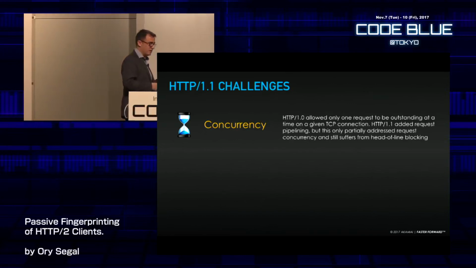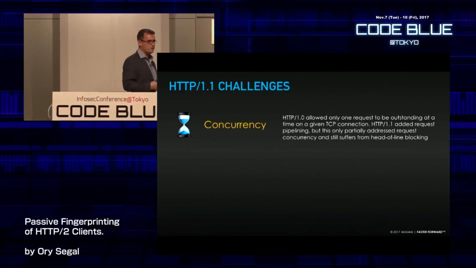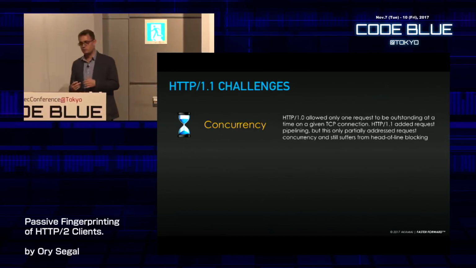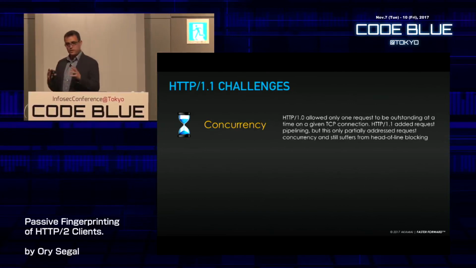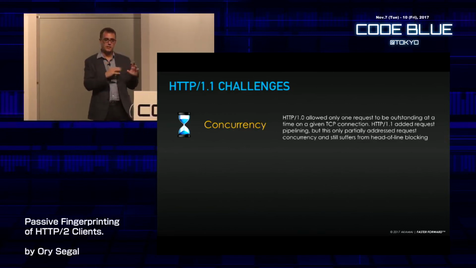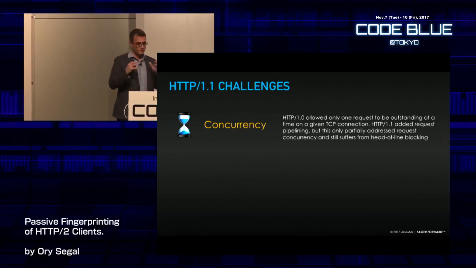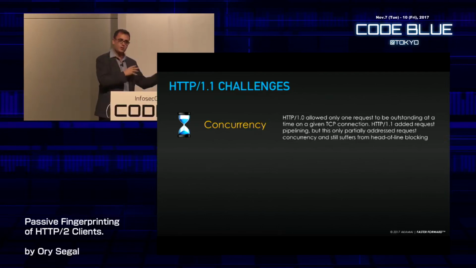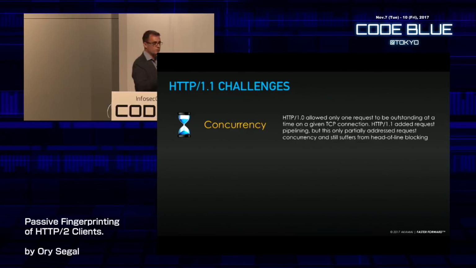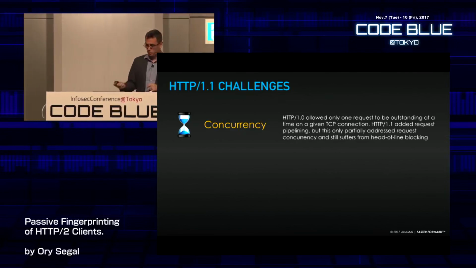The reason is that it's using a lot of different TCP connections up until the browser's limit. Some browsers limit it to 10 TCP connections and so forth. So there's no real concurrency other than these TCP connections. But on each TCP connection, you can only send a request and wait for a response. You can't do things simultaneously.